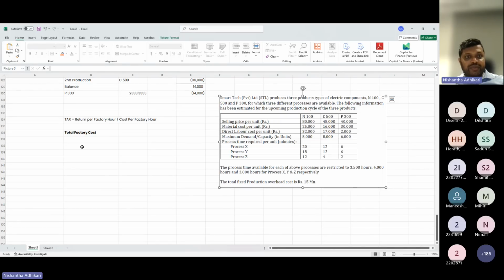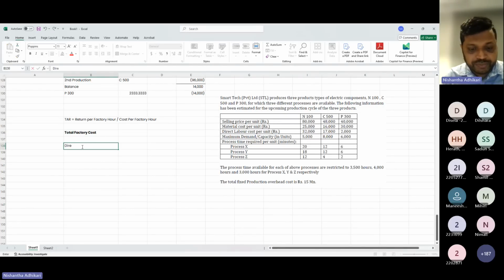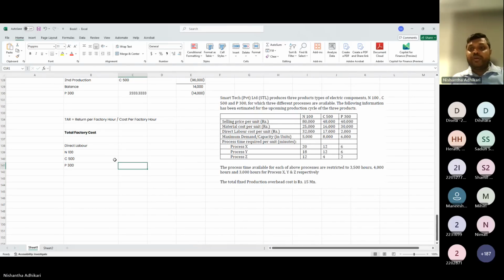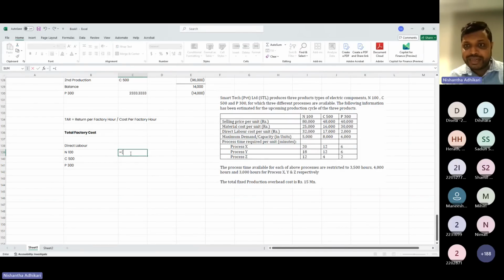Then we will work out direct labor for N100, C500, and P300. The direct labor cost per unit is given. Remember, it has to be estimated for the original maximum capacity. Therefore, I will treat it like fixed production overhead.